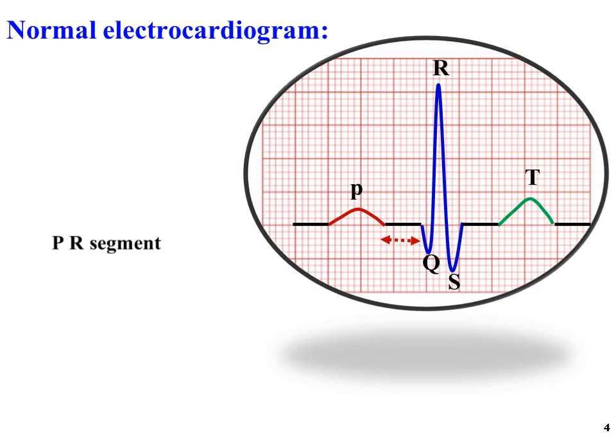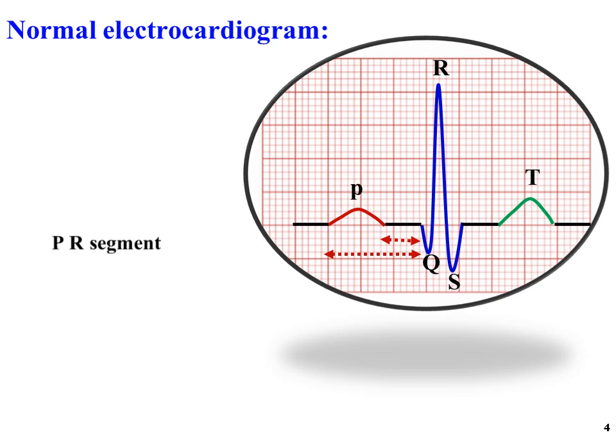So the PR segment is from the end of the P wave to the beginning of the Q or R wave. Why Q or R? Because in some leads Q will not occur.